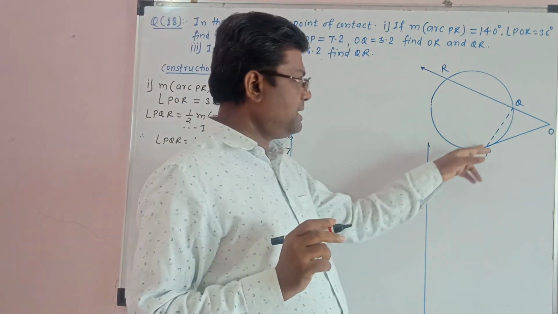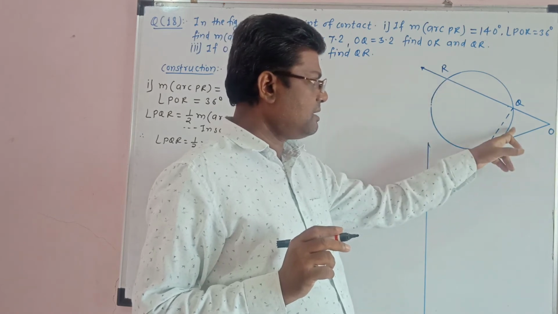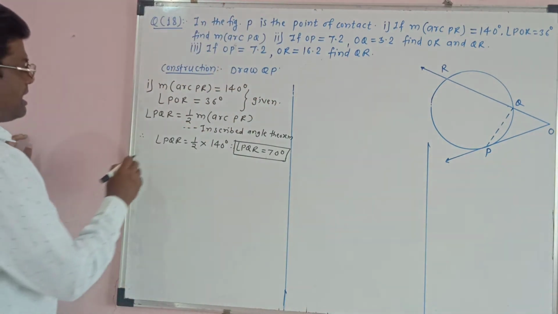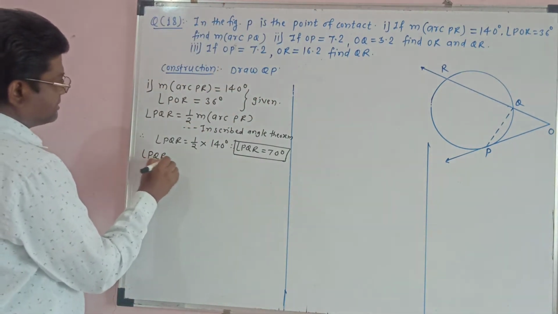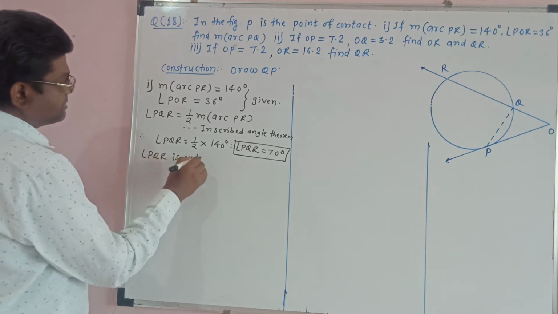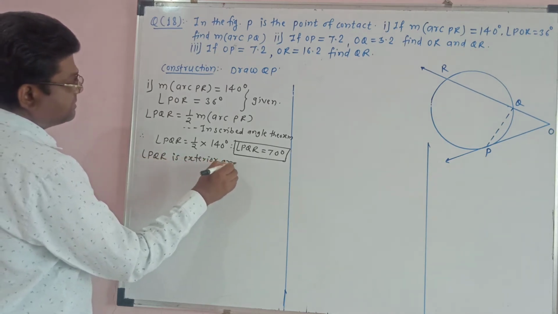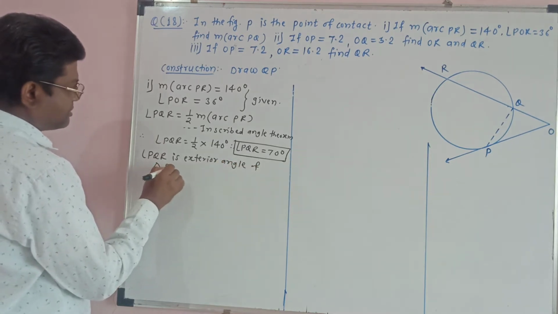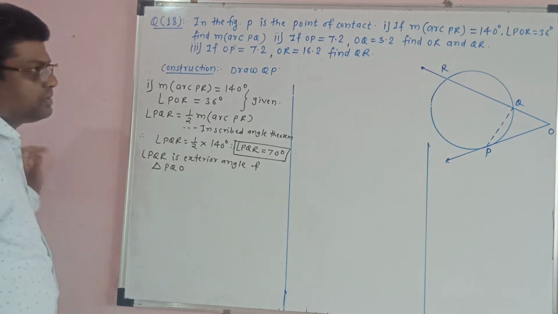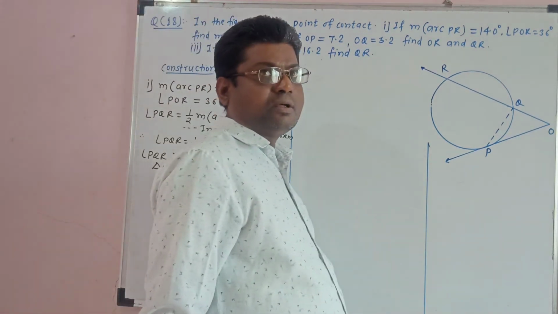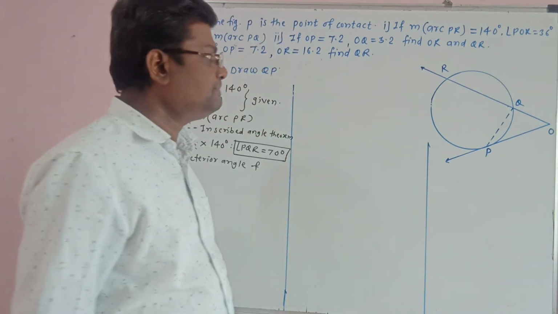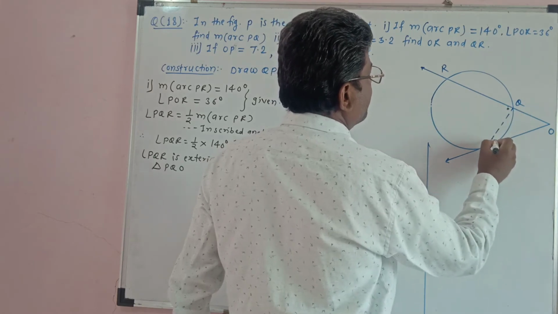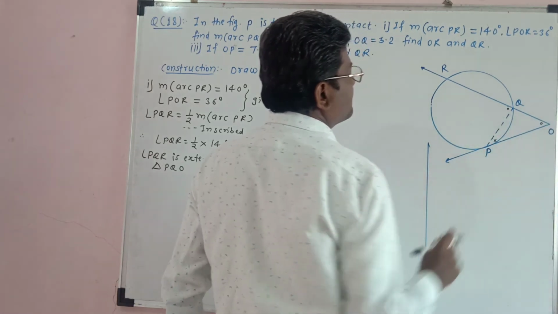Now this angle PQR is an exterior angle of triangle PQO. We know that according to the remote interior angle theorem, the measure of this angle is equal to the sum of these two angles.